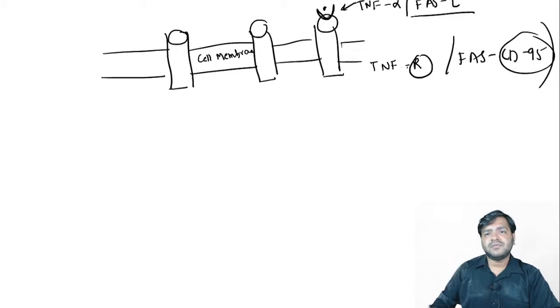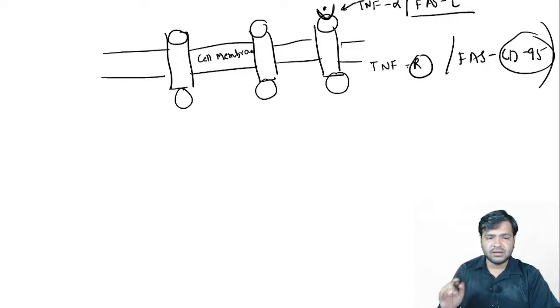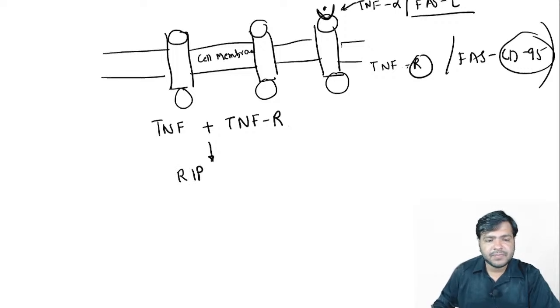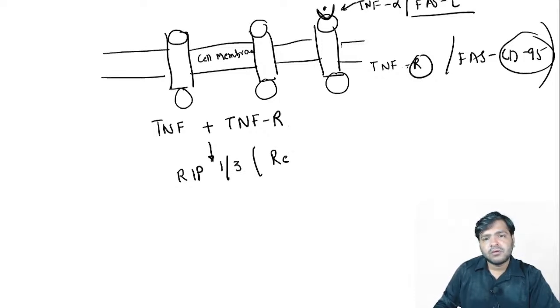Now what is happening over here? Now over here we have FADD also, but there is no involvement of FADD over here. So what is happening? The TNF comes and binds with the TNF receptor directly, and it will lead to the activation of RIP, that is called receptor associated kinase 1 and 3.